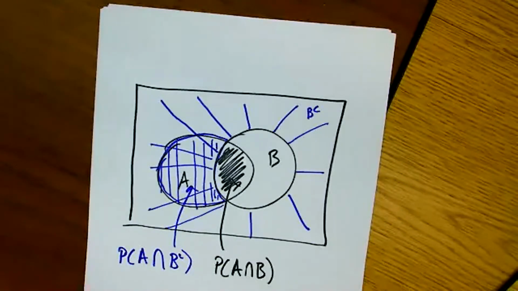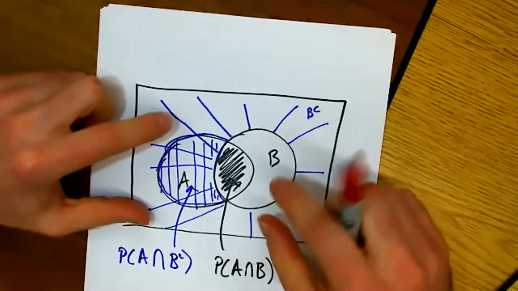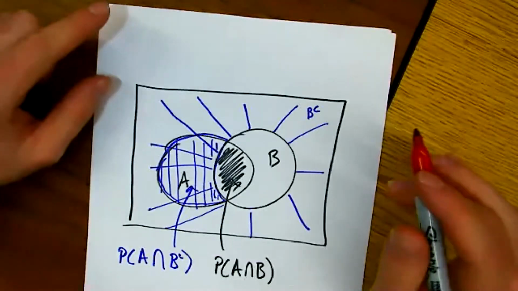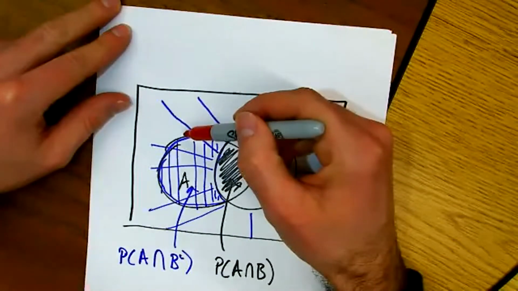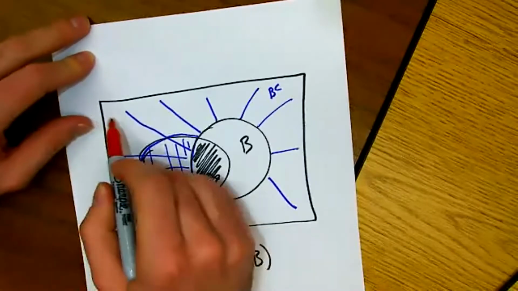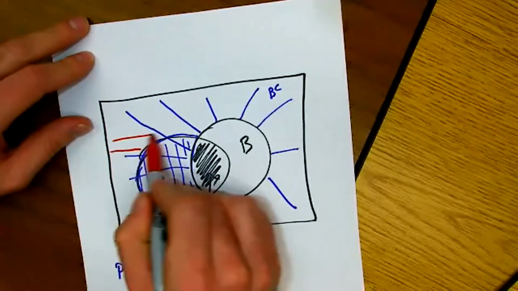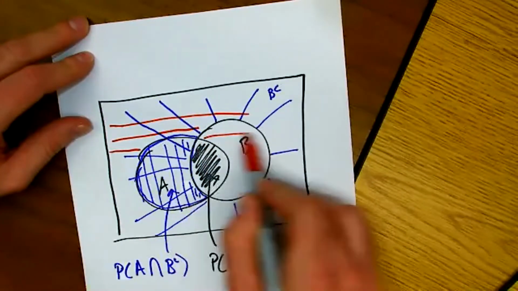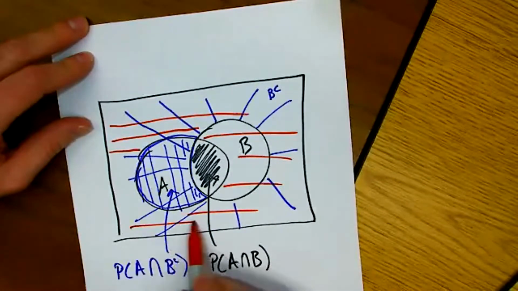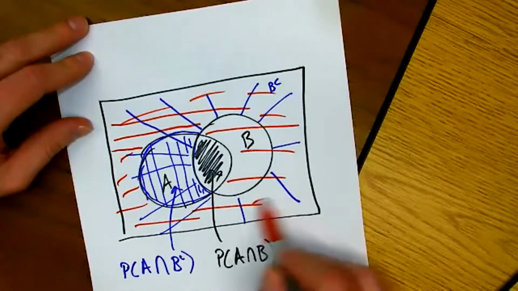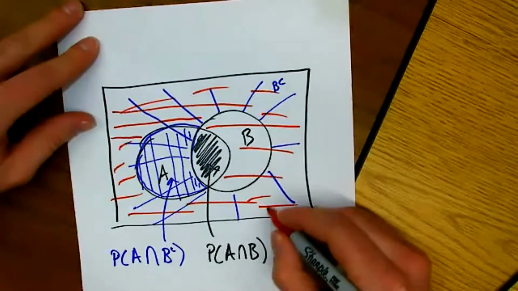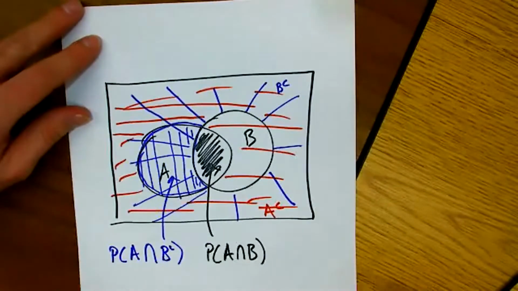I'm putting the wrong color caps on different markers. I'm going to have a mess here. So if I then want to think about where A complement would be, A complement would be everything not in A, and I'll try to draw these horizontal. So these horizontal lines would be A complement.